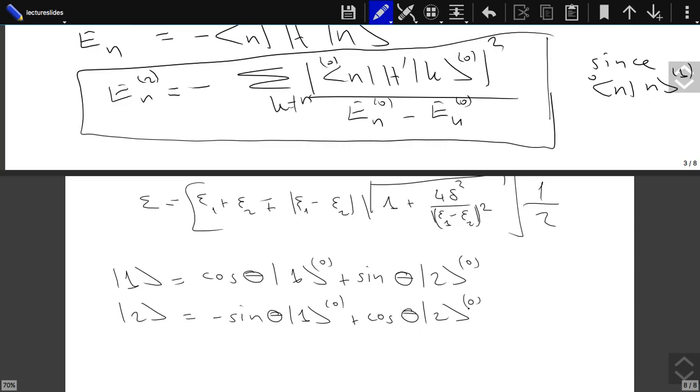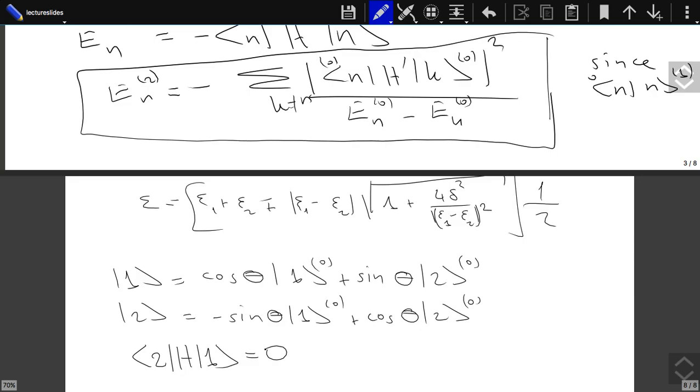In the first term, I could have just left the coefficients as arbitrary, but I know that the squares of those coefficients already give me 1. If you like, you can add some phase, but I can just redefine my 0th order solution so that the phase also doesn't appear. So these are my exact solutions. The only thing I need is that their overlap is 0. So the only thing left is: what is theta? The easiest way to find theta is to use that this should be equal to 0.